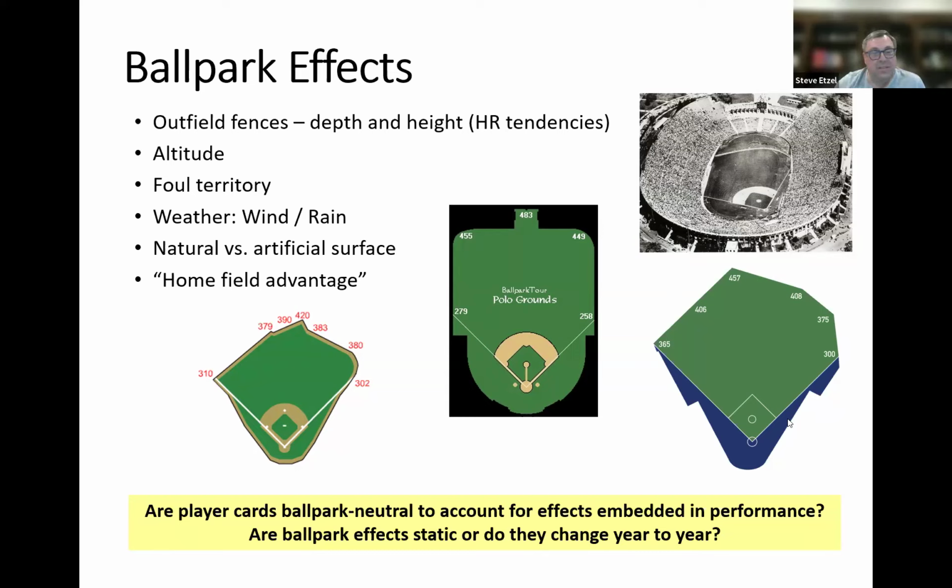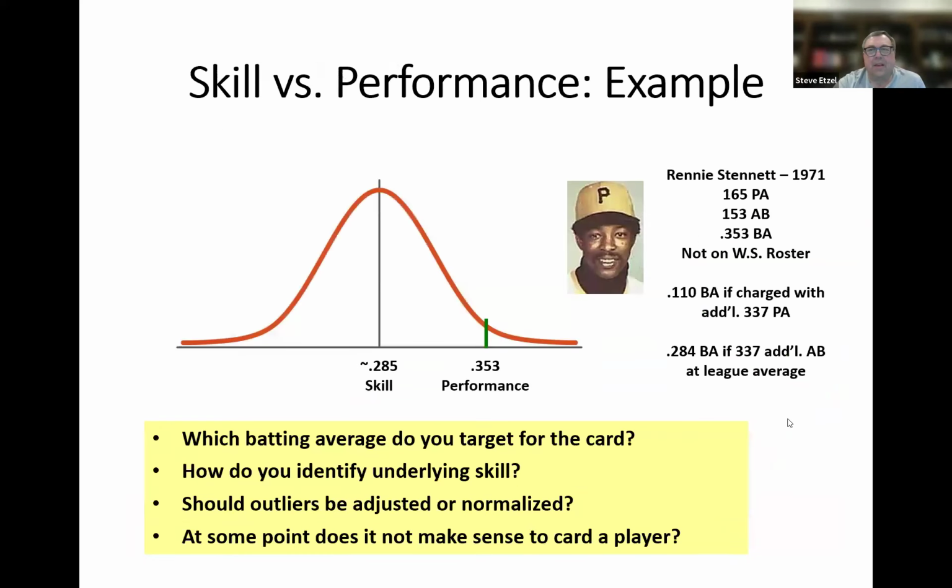If a lot of home runs were hit to right field in Yankee Stadium one year, but fewer the next year, the ballpark card might reflect that somehow. I alluded to this, and this is my favorite example, but in 1971, Rennie Stennett came up with the Pittsburgh Pirates.